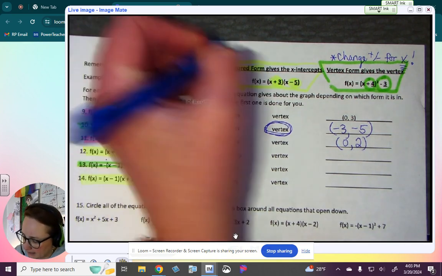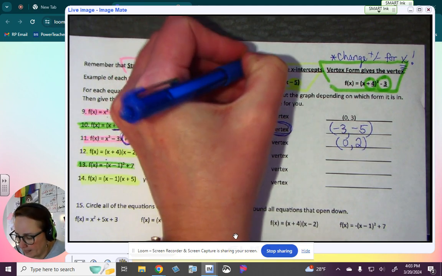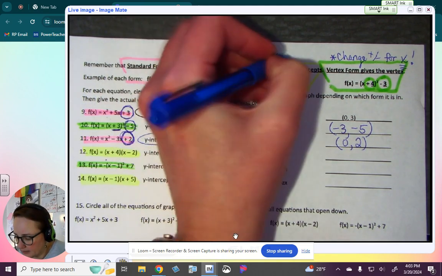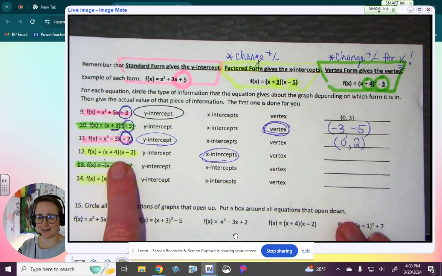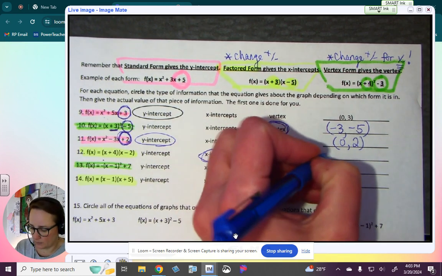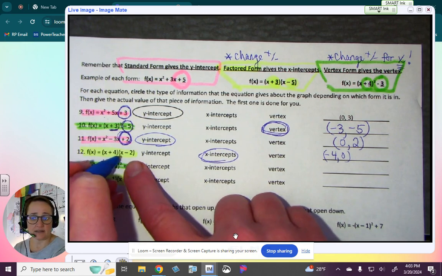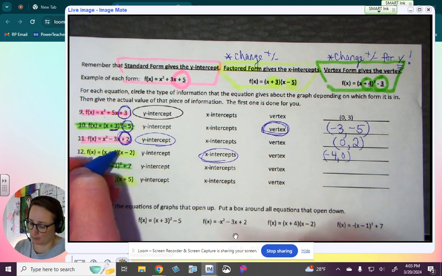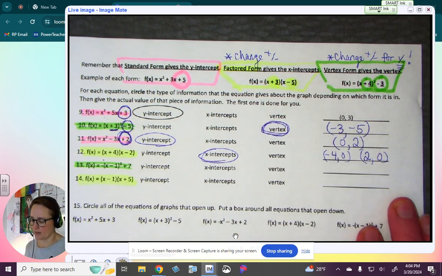Again, I need to change the sign, the plus or the minus, because both of these are x coordinates. These are where we're hitting the x-axis. So this x plus 4 becomes one of our intercepts at -4. This x minus 2 becomes a +2.